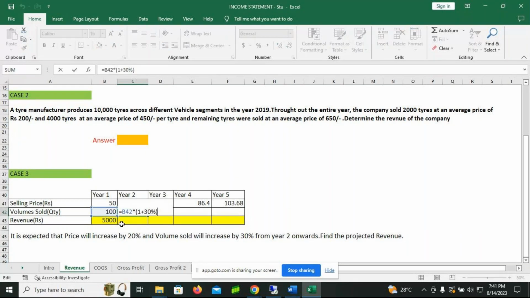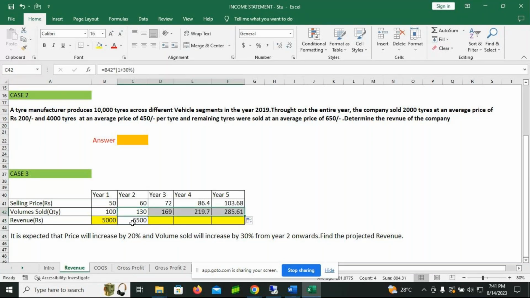There are two ways you can apply it. Quantity sold: 100 into 100 plus 30%. So equals 60 into 130. The calculation is done.